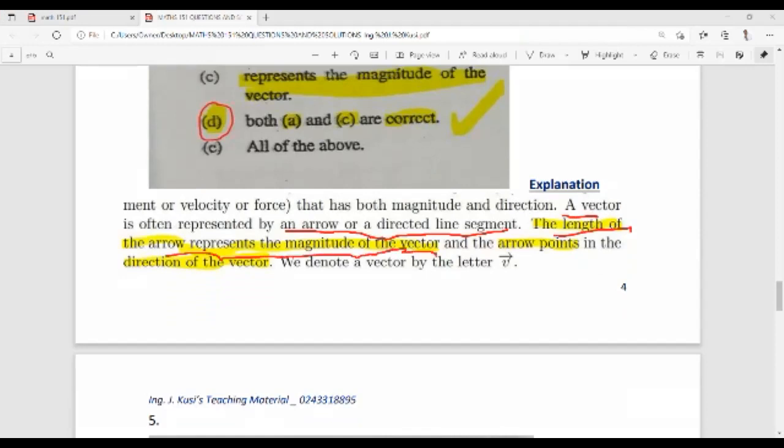That is in the slides. So the C part is correct. And it says the arrow points in the direction of the vector. That means A is correct. Is that not it? So that is why the answer is both A and C.